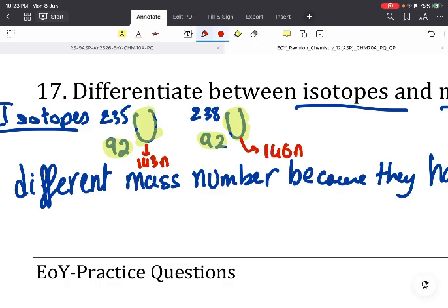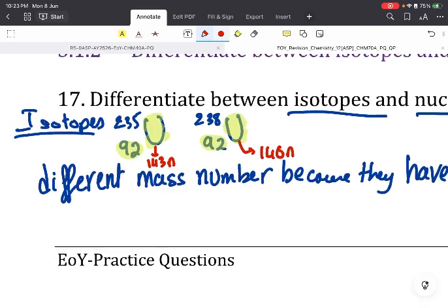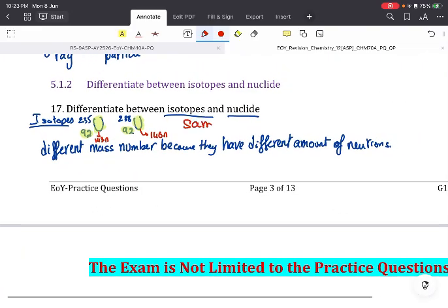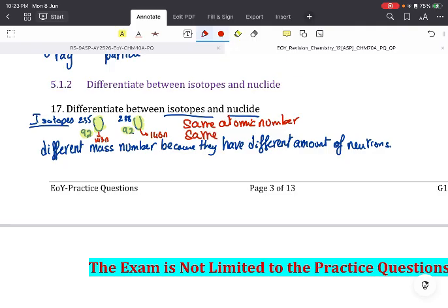And that's why I call them isotopes, because they are atoms of the same element having the same atomic number, and because they are the same element, they're gonna have the same symbol. But the most important thing, they have different number of neutrons, resulting in a different mass number.